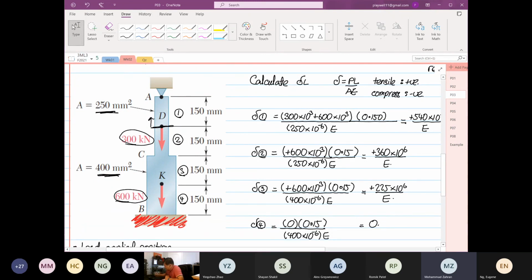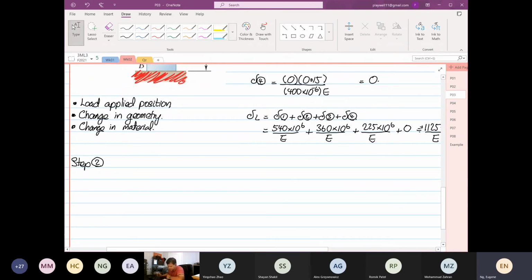But we're using half of it. No, we're not using half of it. We have to section it into 4 points: 1, 2, 3, 4. Why did we section it into 4 points? Because this area is the same but there's a change in applied load. Okay, so now we look into step 2.